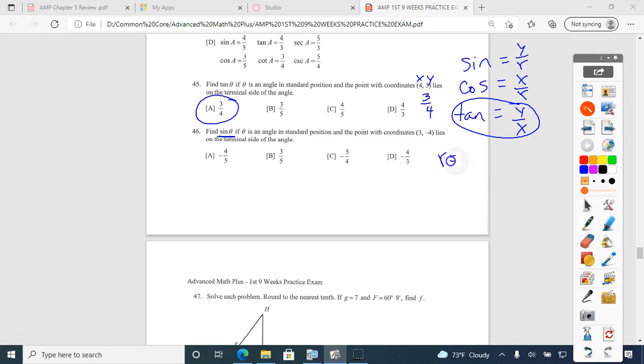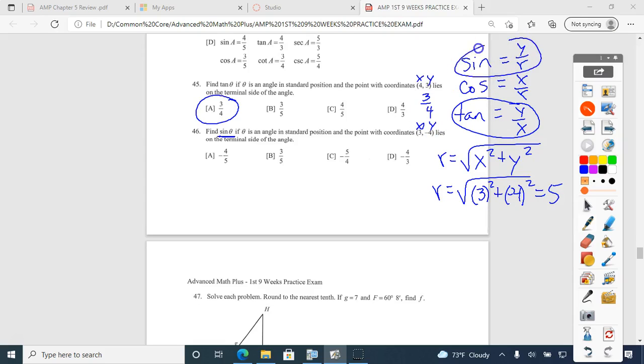So r is the square root of x squared plus y squared. r is going to be the square root of 3 squared plus negative 4 squared, which is 5. So sine is y over r. y is negative 4, r is 5. So negative 4 over 5 is also A.